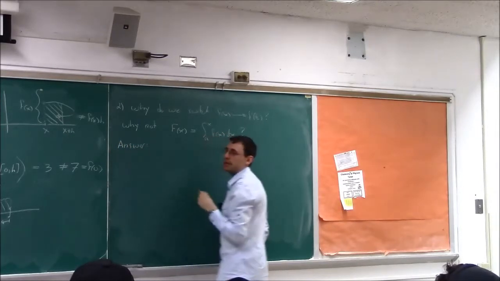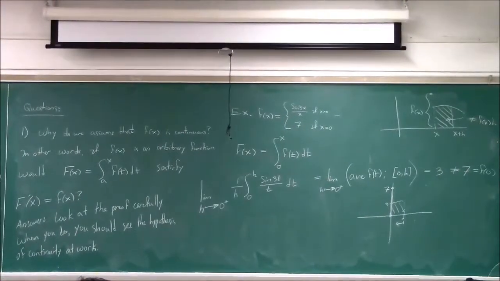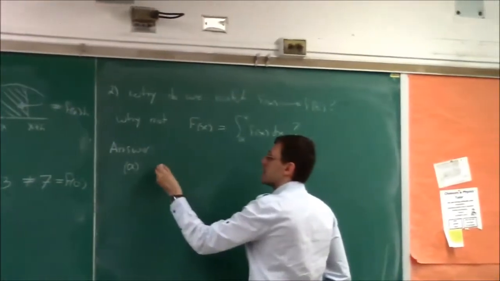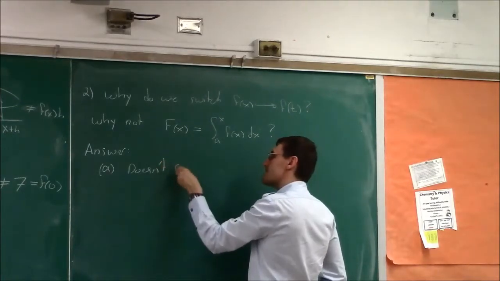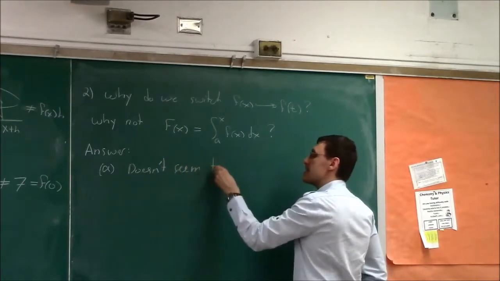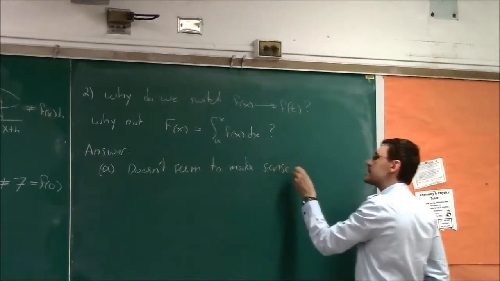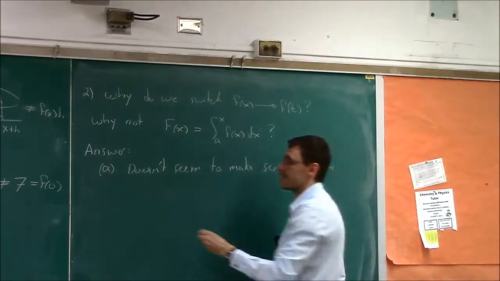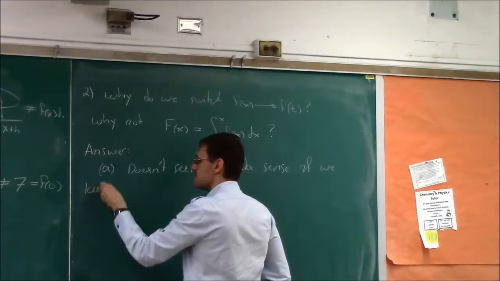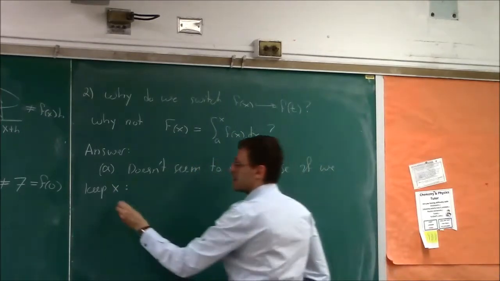So this can be answered in several ways. One way is that it doesn't seem to be making sense if we keep x. And here is what I mean. So this is supposed to be a function.